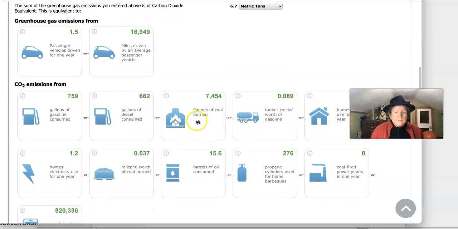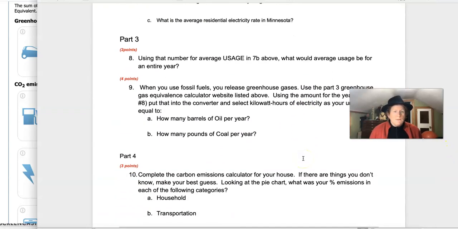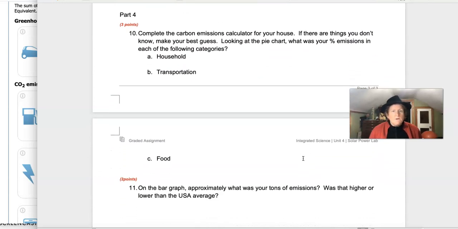And we can see that's pounds of coal burned here, or we can see barrels of oil consumed here. So here's pounds of coal, here's barrels of oil, and that will help you answer number 9. For number 10, the answers are all going to be different depending on your household.